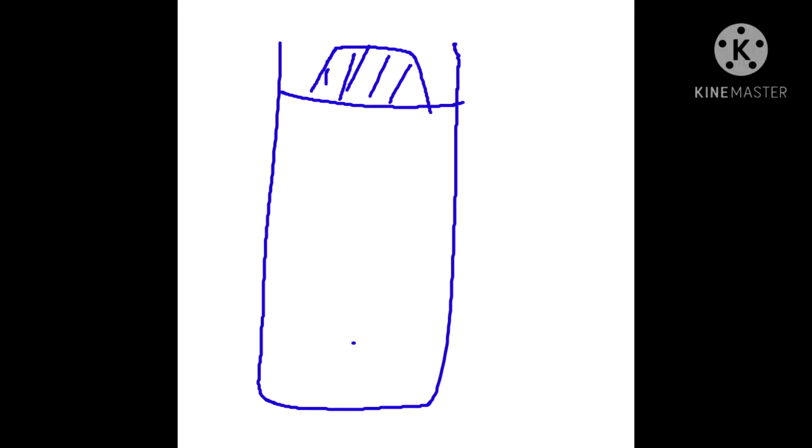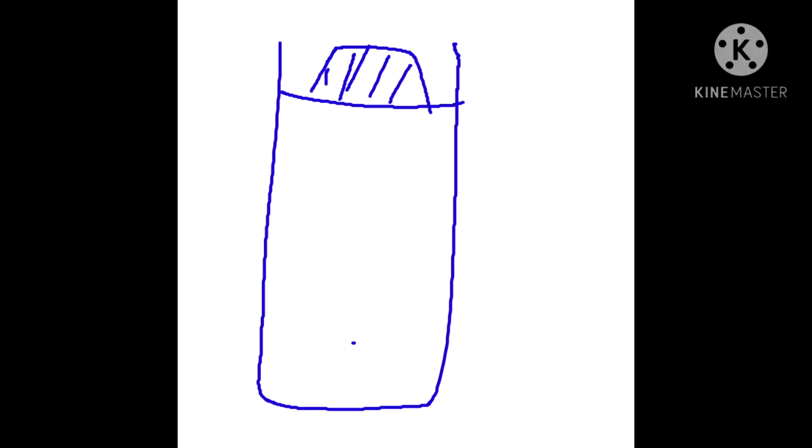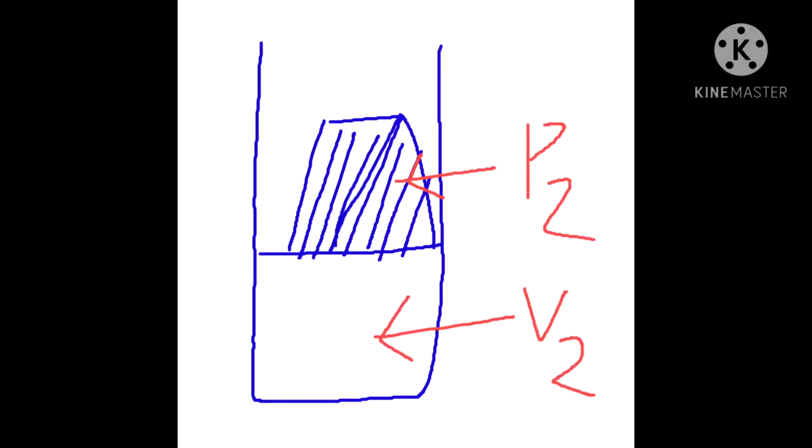So we can also say that in this other one, the volume here is V1, and the pressure, that is the mass or the weight on it, is P1. Now doubling the weight is P2, which makes V2 become half.